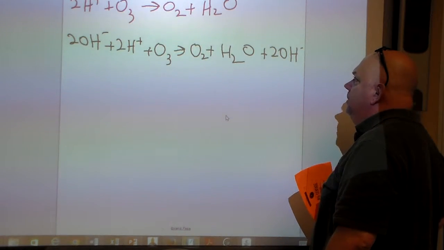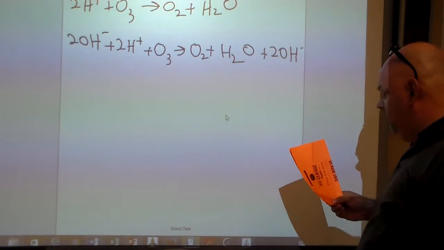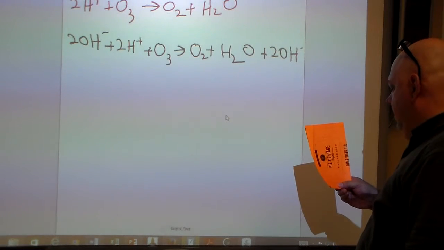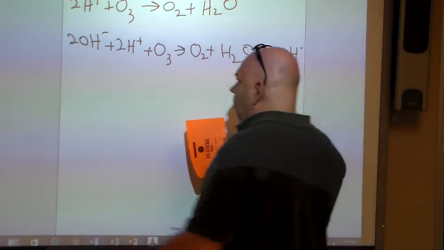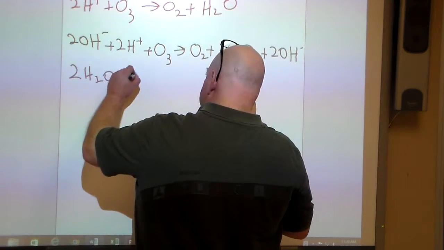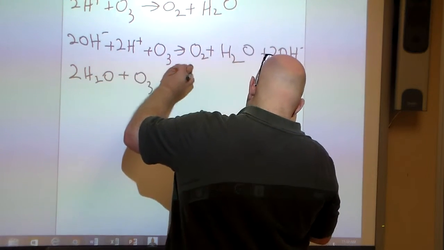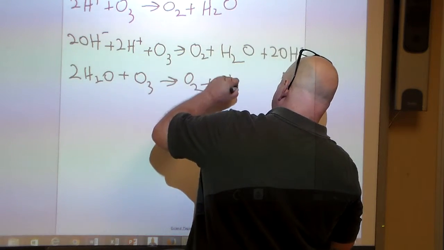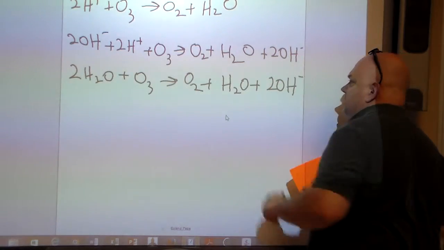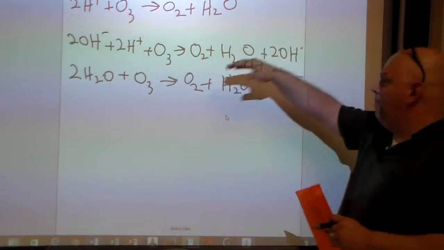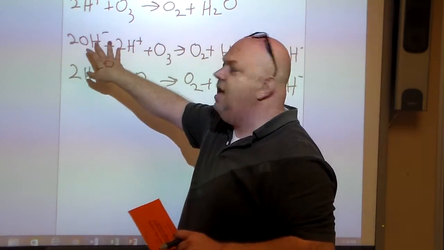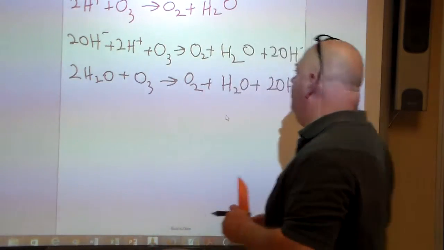Okay? So, all right, everything looks good, but now we need to do a little bit of combinations, don't we? So we're going to say, okay, 2H2O plus O3 gets us O2 plus H2O plus 2OH minus. So we're going through that process, we're balancing it out. I just combined this to form water because, again, opposites attract via Paula Abdul.